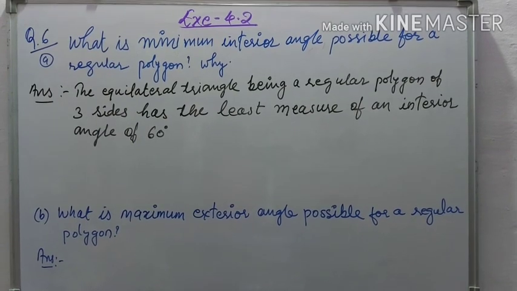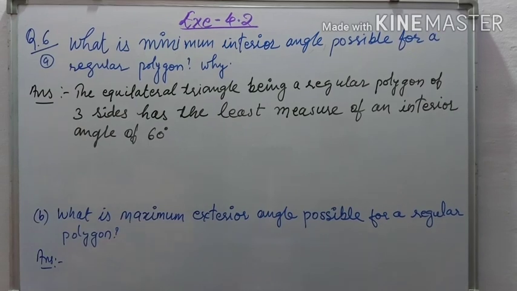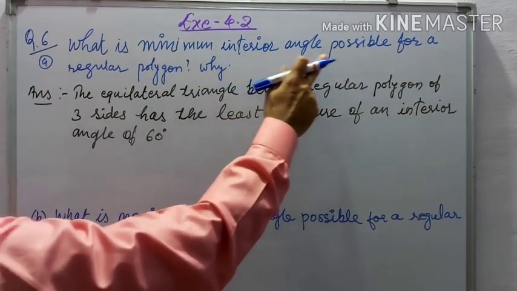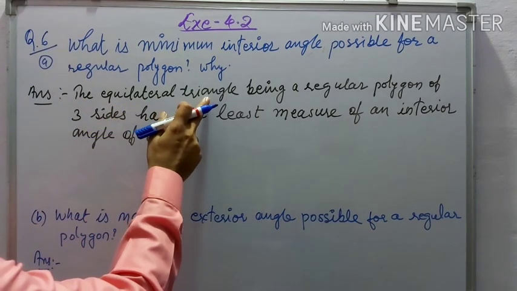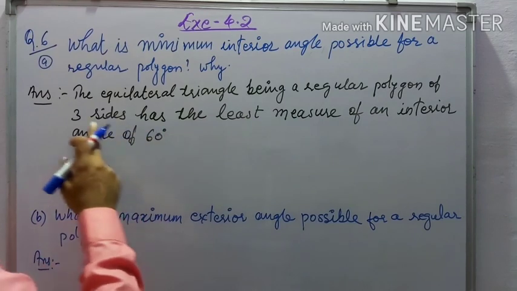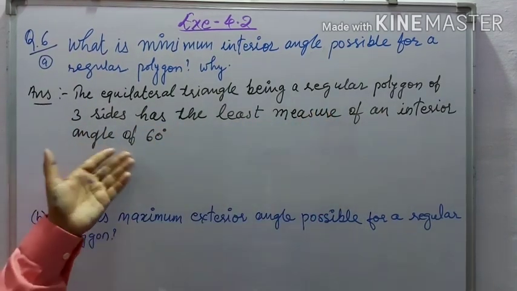Now next question, question number 6. It has two parts. What is the minimum interior angle possible for a regular polygon? The minimum interior angle is that of the equilateral triangle, the regular polygon with three sides, which has the least interior angle of 60.